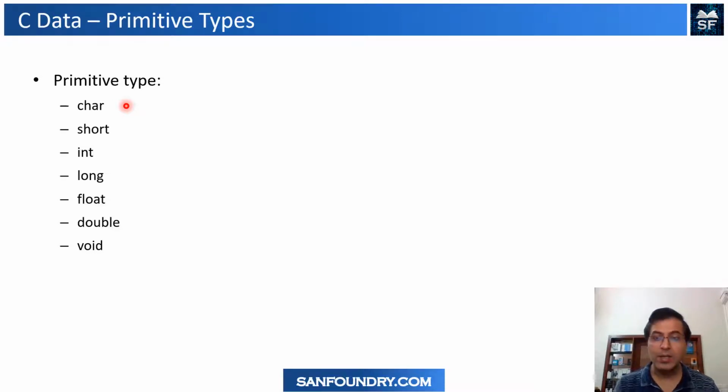Ultimately in memory, whichever of these programming constructs or variables you have, we always store in terms of bytes and internally in terms of bits. So I repeat, a character is definitely a character, but the way it is stored is in terms of bits and bytes. So it's basically a number.